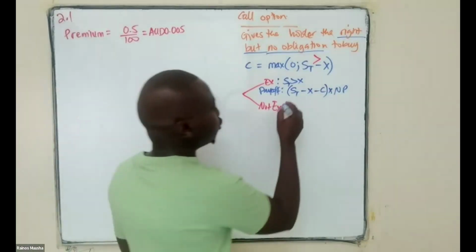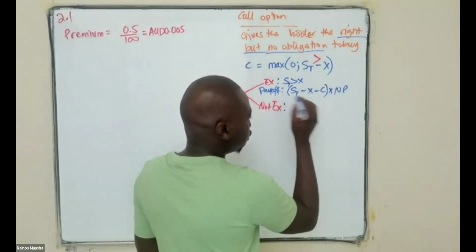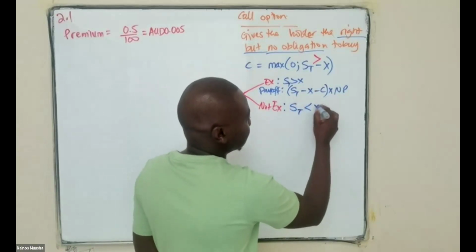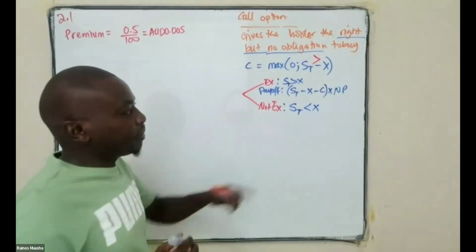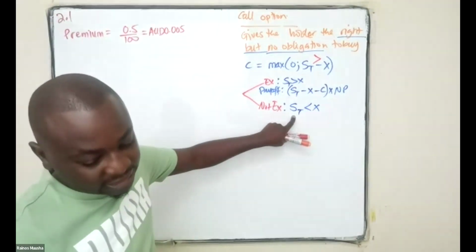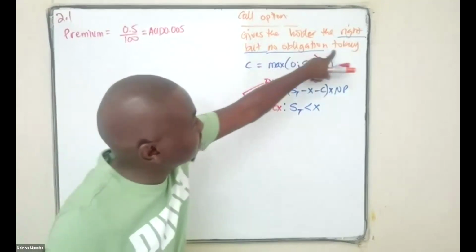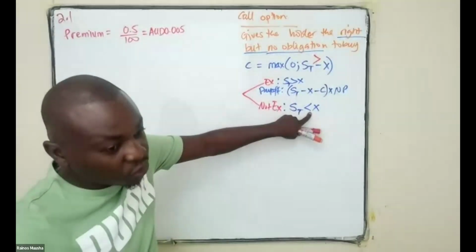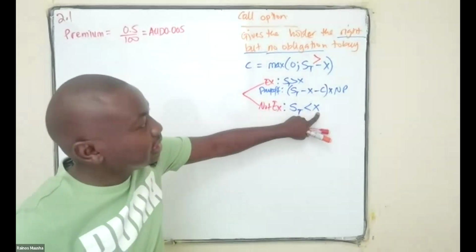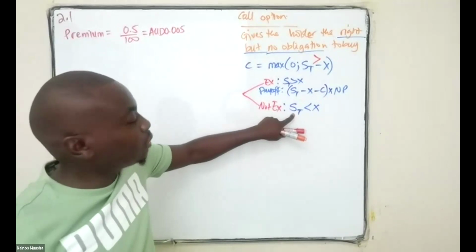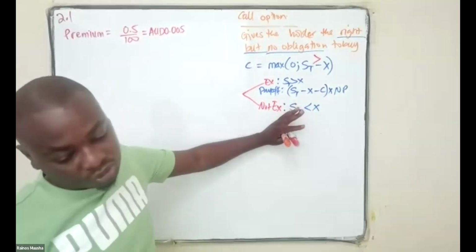Now, if you choose not to exercise, you choose not to exercise because the spot price is less than the exercise price, because you're saying the price according to the contract is too much compared to what other people are buying at. Because remember, you have the right to buy. So if I buy according to the contract, I'll be paying too much money compared to other people in the market. So I'd rather go and buy in the market, which means I'd rather walk away from the contract.